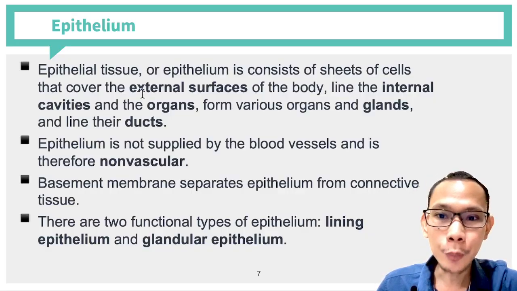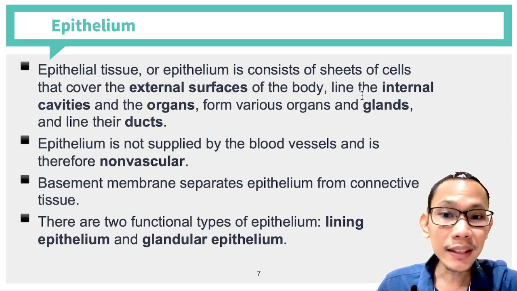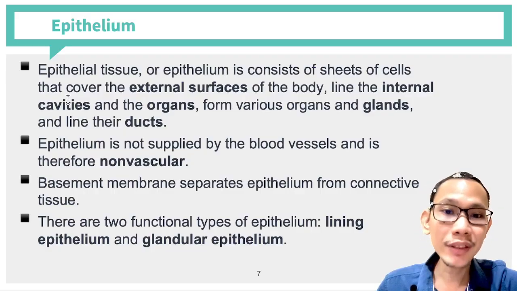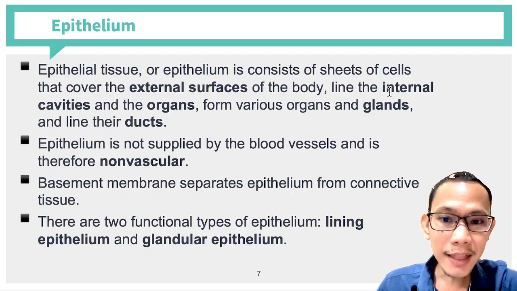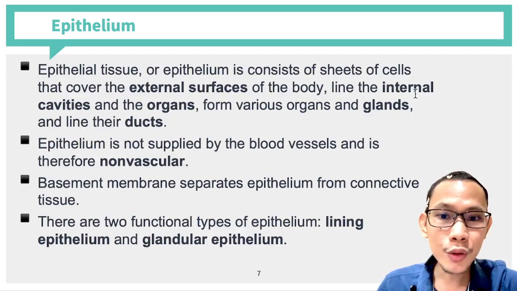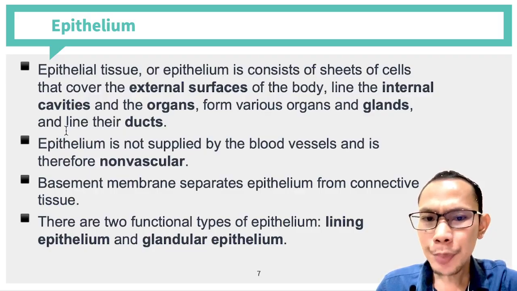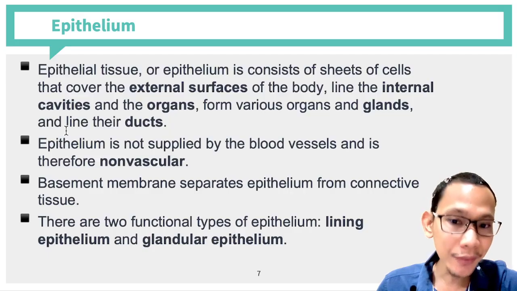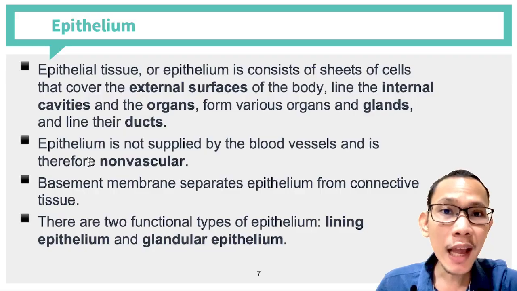It covers the external surfaces and lines the internal cavities as well as the organs. It also covers the glands and their ducts. Epithelium is not supplied by blood vessels and is therefore non-vascular, so it is avascular.